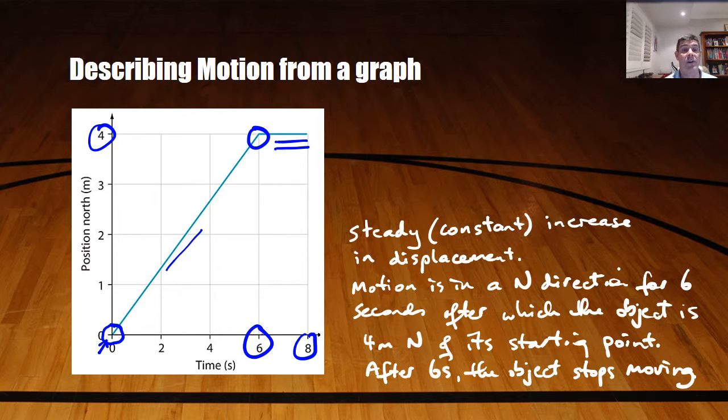There is no further change in its displacement. It isn't walking backwards. It isn't getting further north. It's not going east. It is still at 4. So therefore, it hasn't actually changed its displacement in this region, and therefore we can conclude that it has stopped.